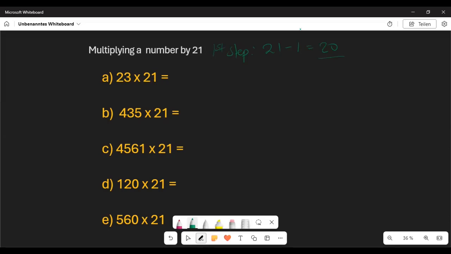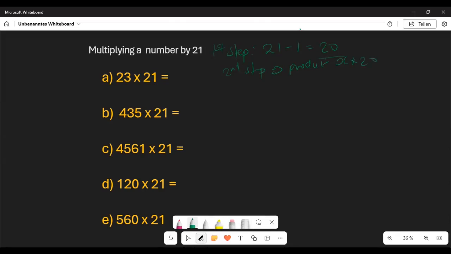Then the second step: get the product of x multiplied by 20 instead of 21.